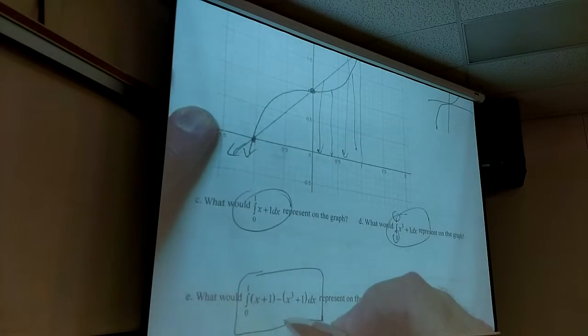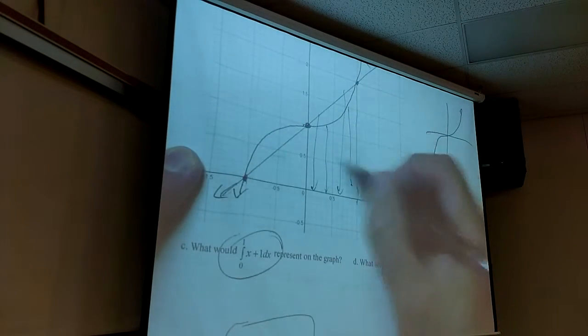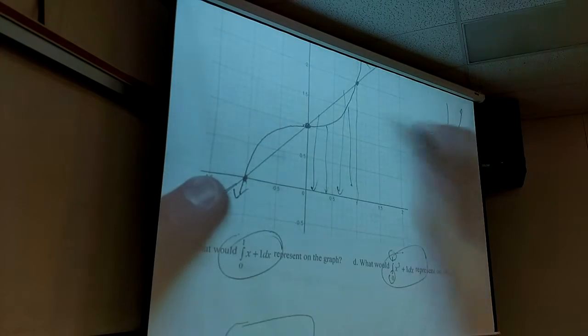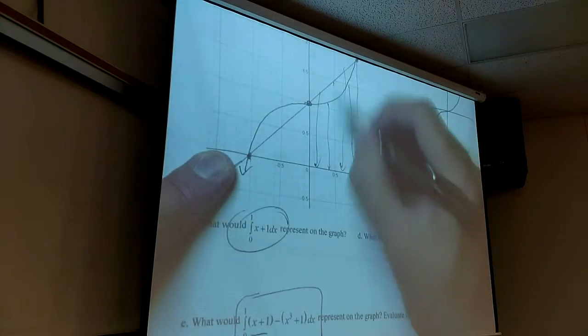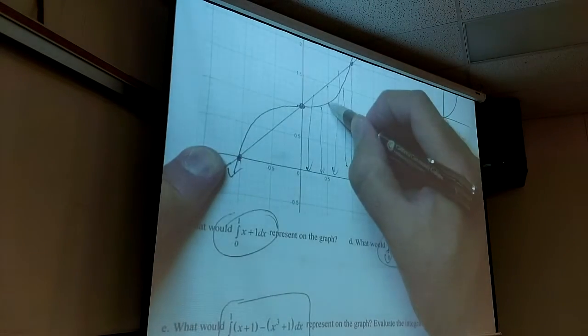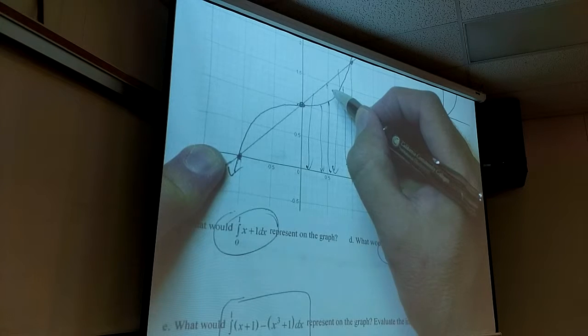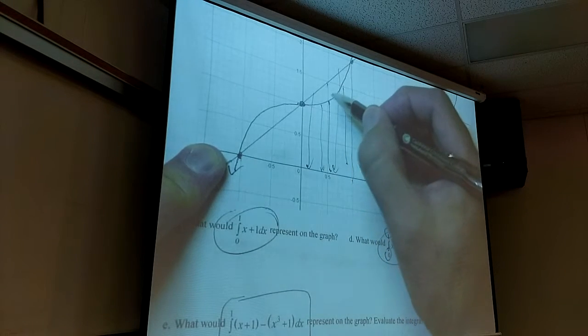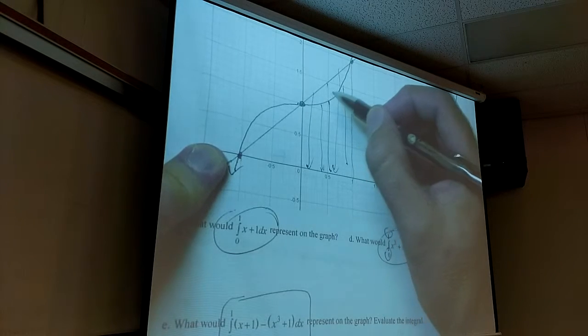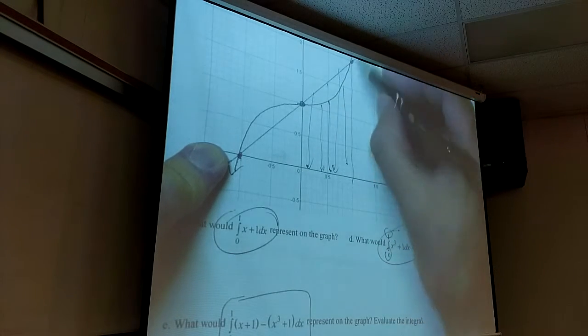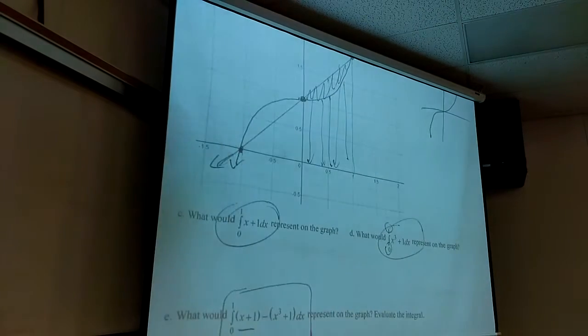If x plus 1 is from there down and x cubed plus 1 is from there down, the difference would represent the area where? Yeah, shade the banana. That area.